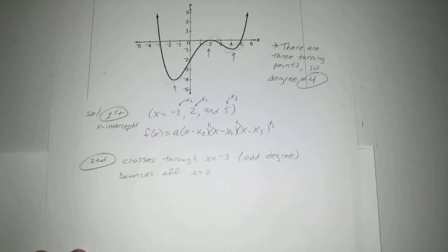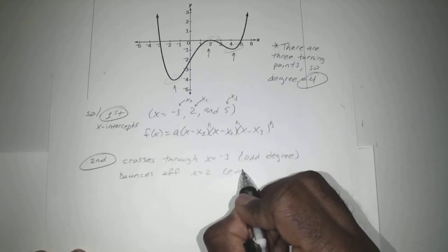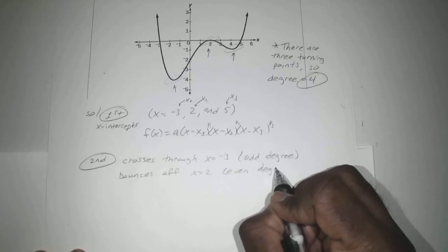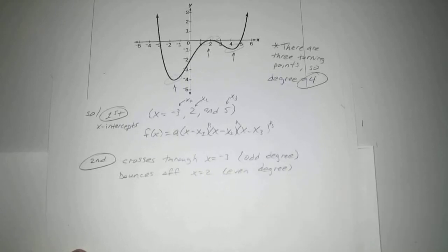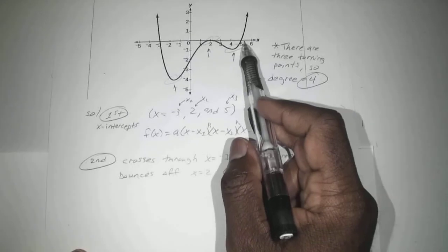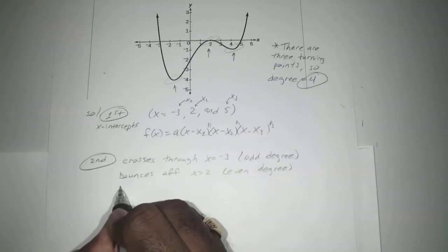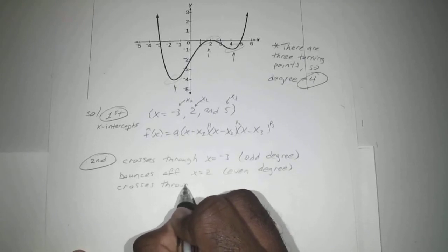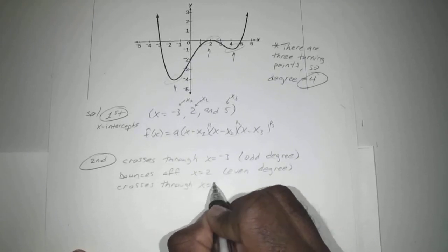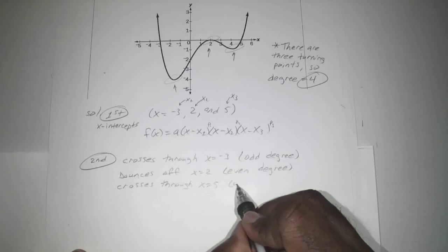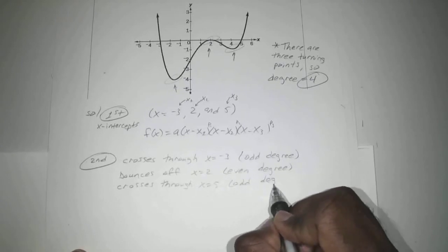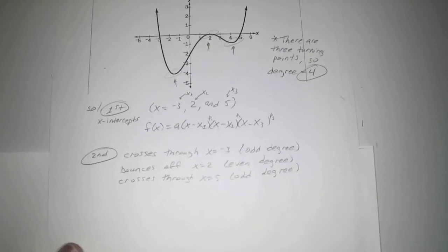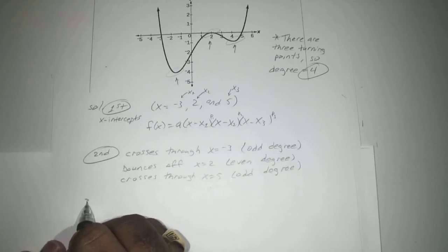So we know that's going to be an even degree. If you look at 5, it crosses 5. So we know that's going to be an odd degree.